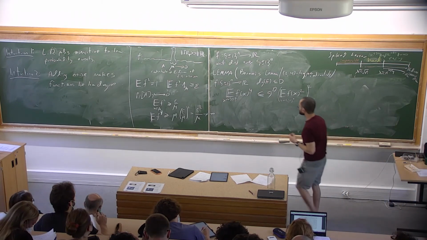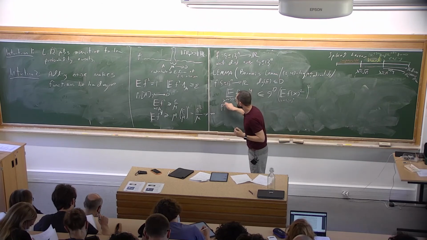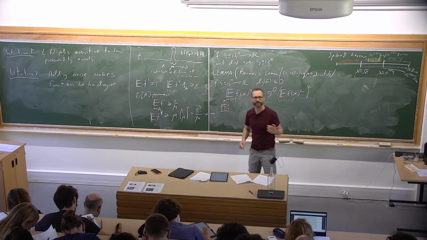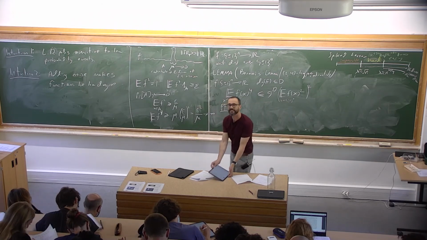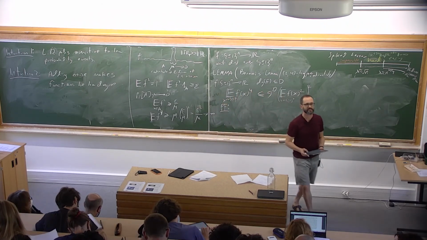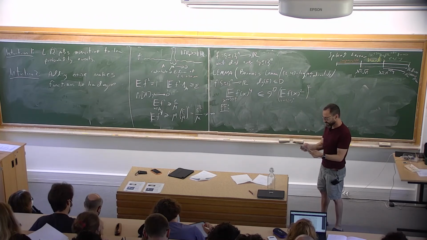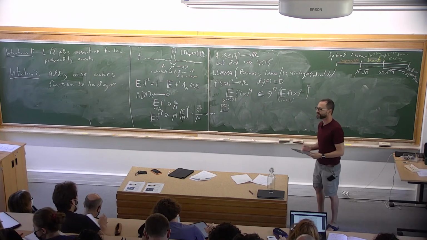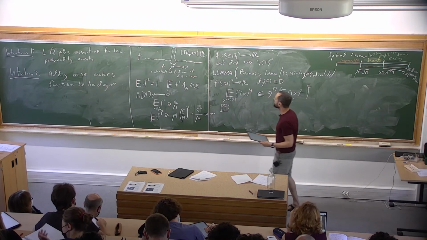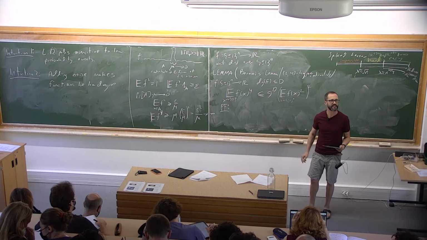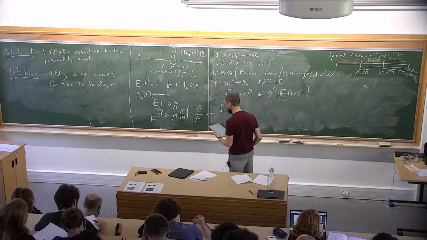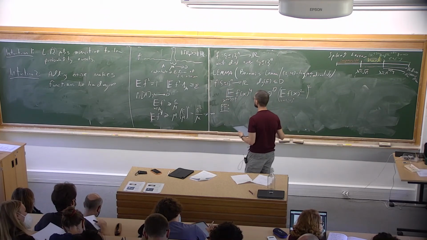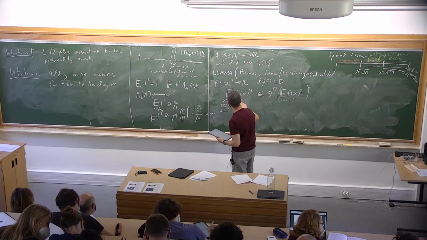So let's prove this thing, because it's not nice to never prove anything in a lecture. Even though the proof is a little bit of calculations, you prove it by induction on n. The base case we don't really care about.